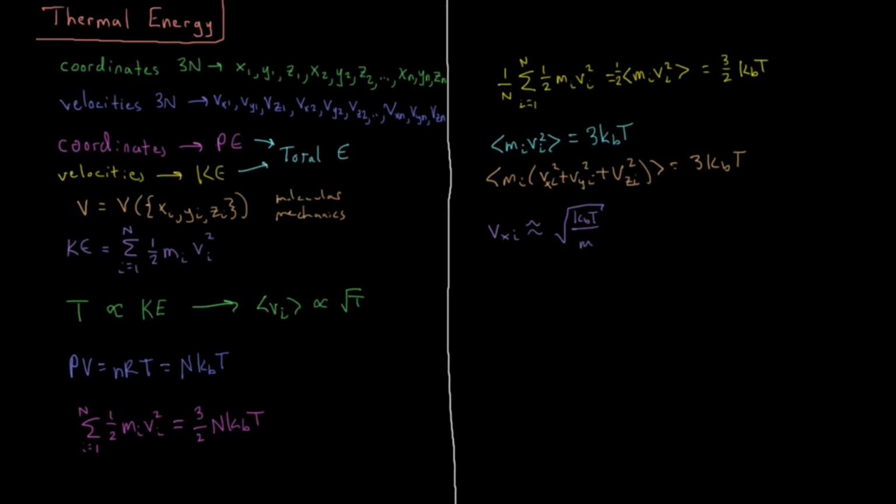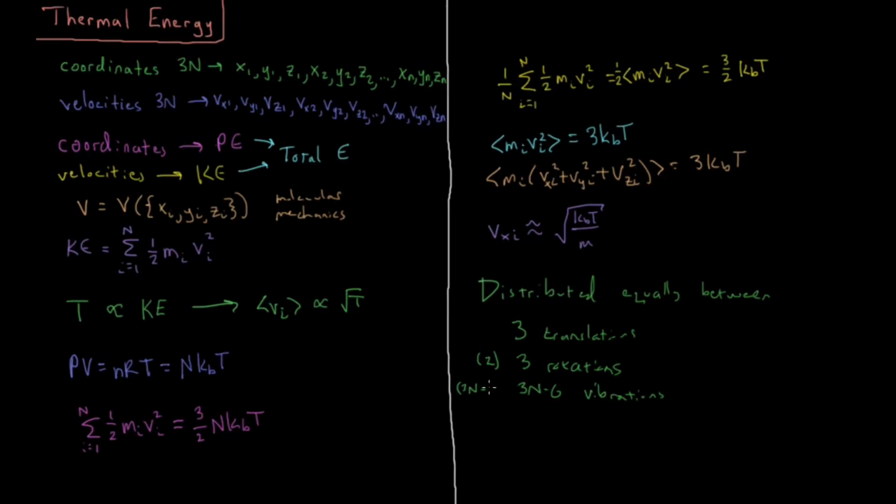All right, so our kinetic energy, as the molecule evolves in time, due to the equipartition theorem, is going to be distributed equally in the end between 3 translations, 3 rotations, or 2 if it's a linear molecule, and 3n minus 6 vibrations, or 3n minus 5 if it's linear.